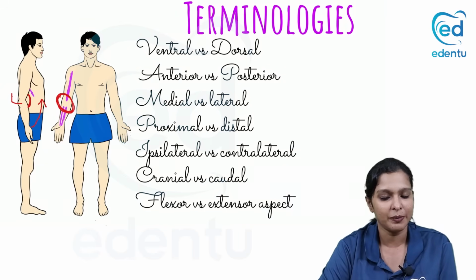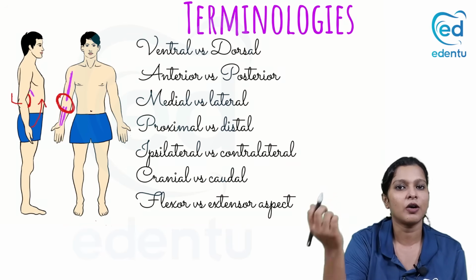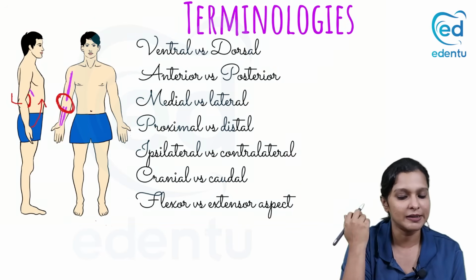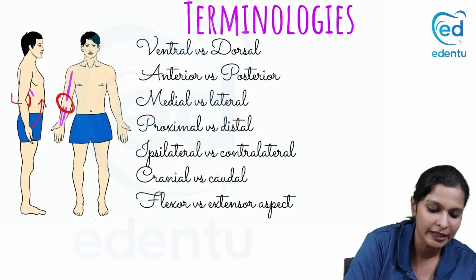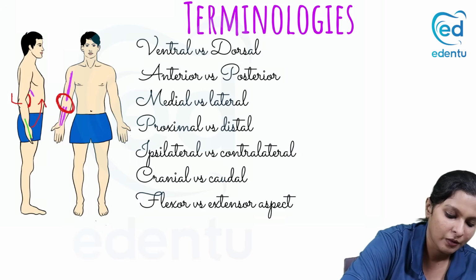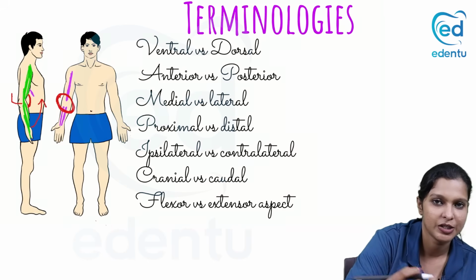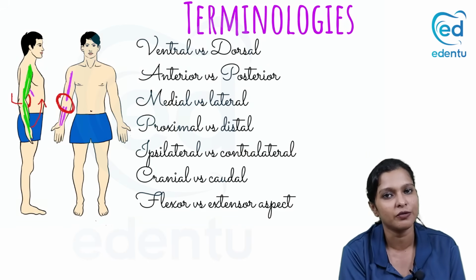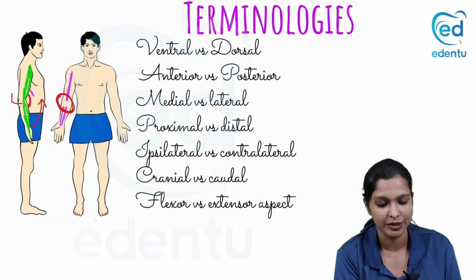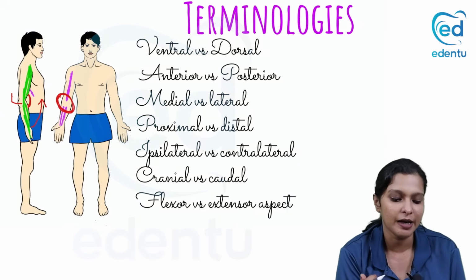Remember, for the upper limb, all the muscles that cause flexion or decrease the angle are present on the anterior aspect, in the front region. They are called the flexor aspect.